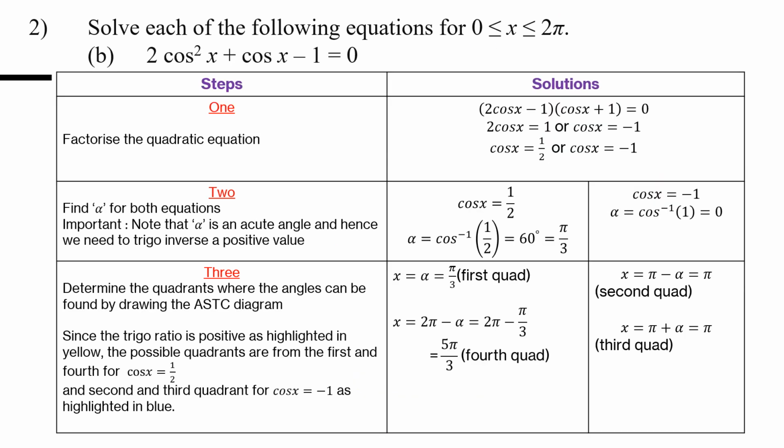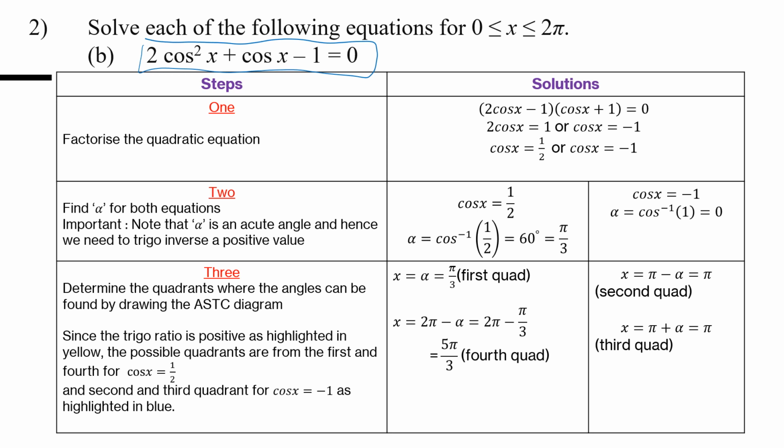All right, now let's look at another question. This one is slightly harder because we need to do some factorization. If you examine the trigo equation given, this is actually a quadratic equation.